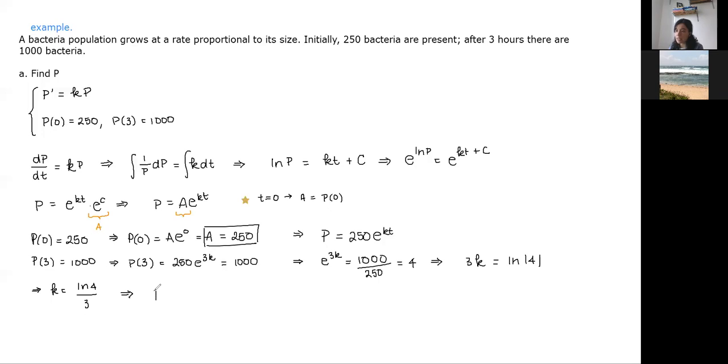So that means that p is equal to 250 times e to the power of ln of 4 over 3 times t. I can rewrite this as 250 times e to the ln of 4 times t over 3.